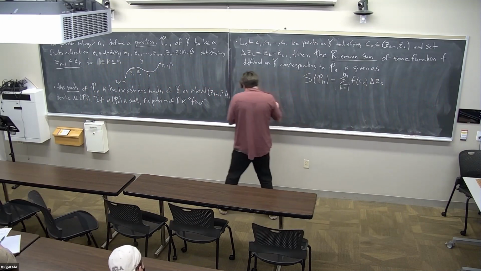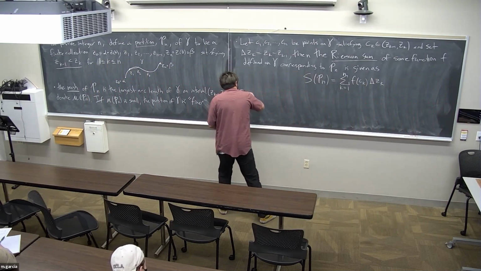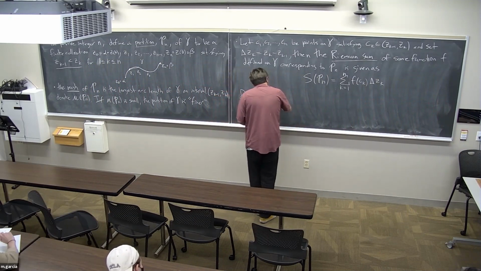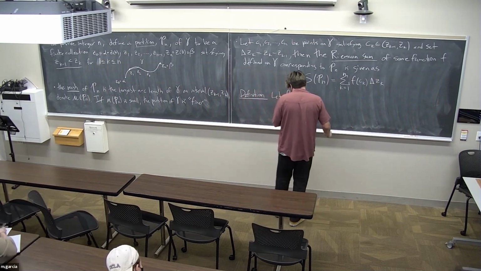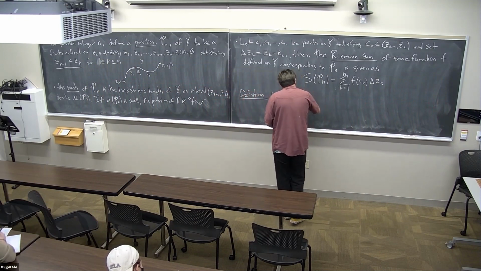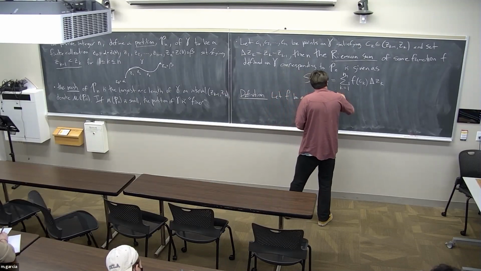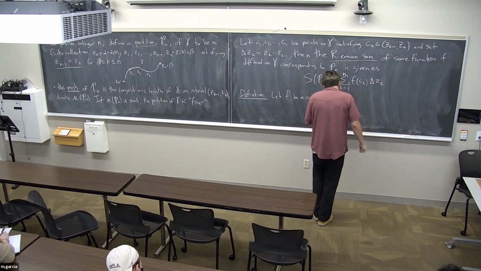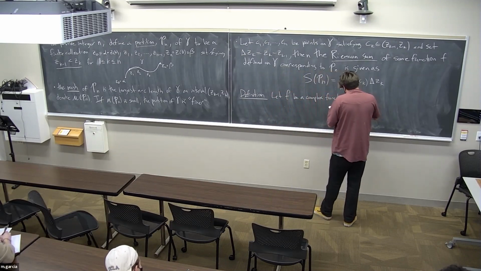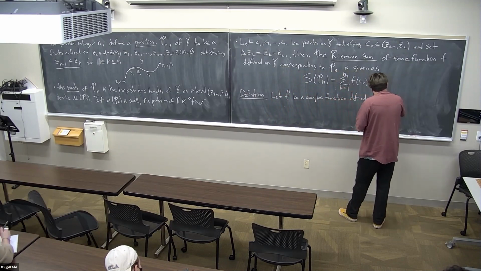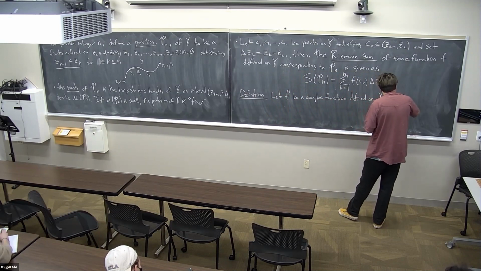Okay, so let f be a complex function defined on gamma, a directed smooth curve.